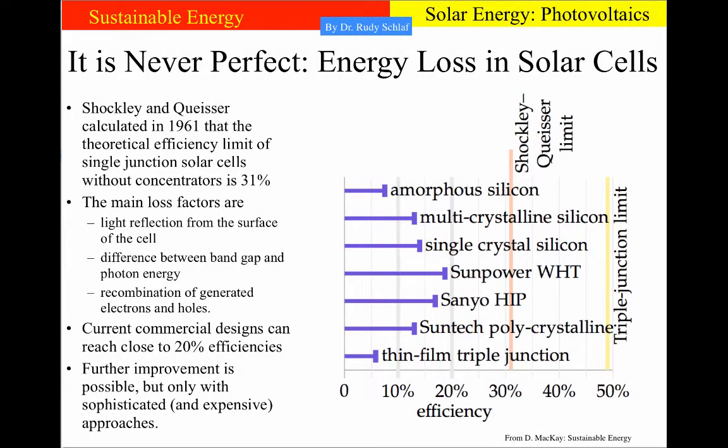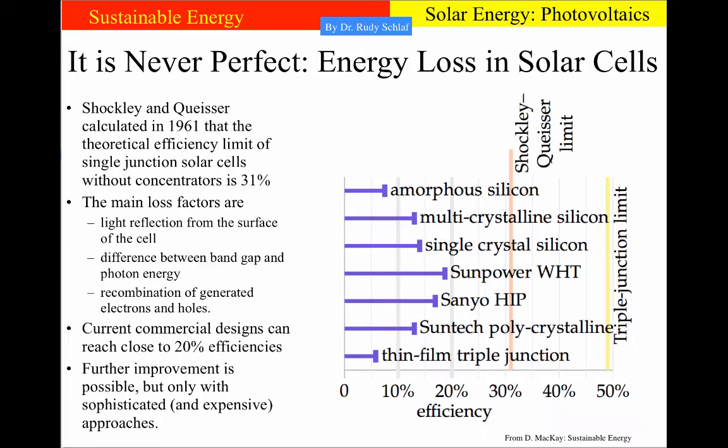Now we understand how solar cells work in principle. Now I want to focus on issues to make solar cells as efficient as possible. Solar cells are an energy conversion device, and we know now that when you convert energy from one type into another, we always have some losses.